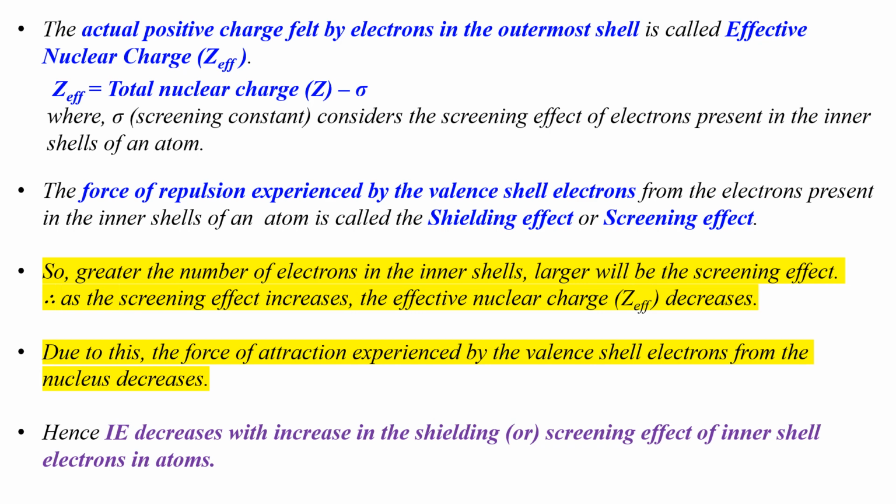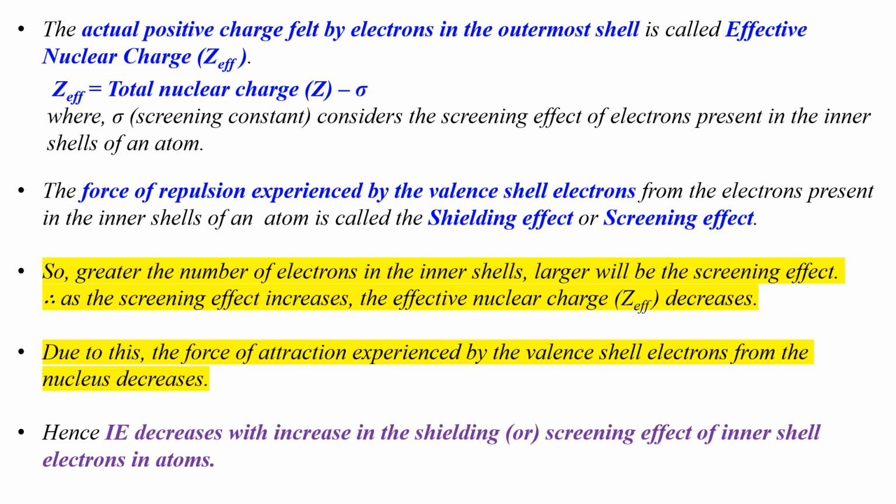When there are greater number of electrons in the inner shells, the screening effect increases, as a result of which the electrons in the outermost shell experience very less force of attraction, or they experience less positive charge from the nucleus. Clear? So, as a result, the force of attraction experienced by the valence shell electrons from the nucleus decreases.